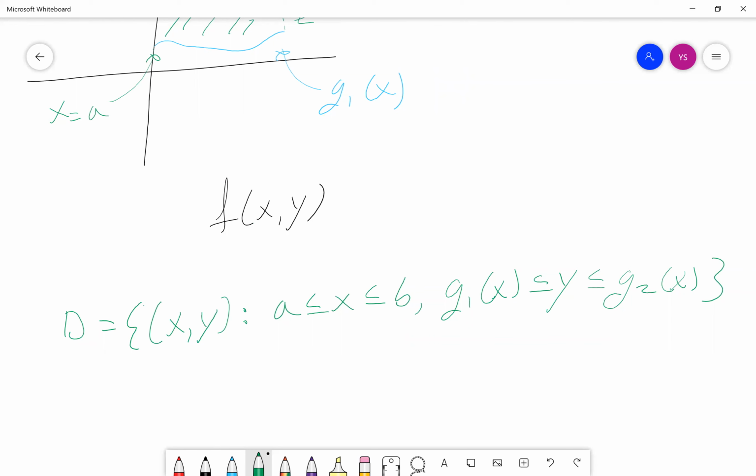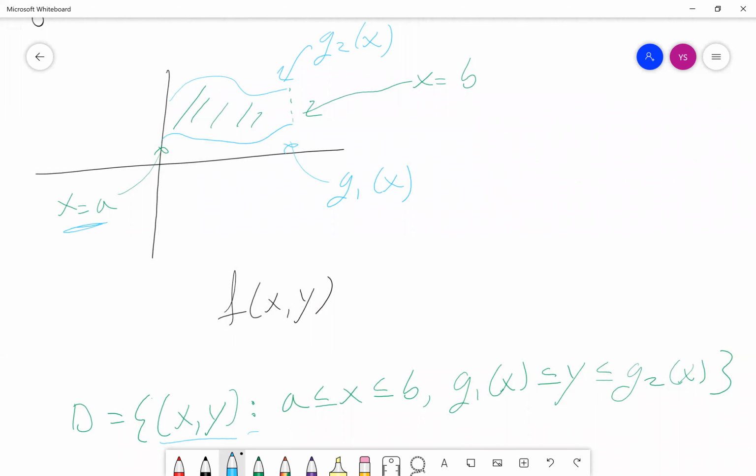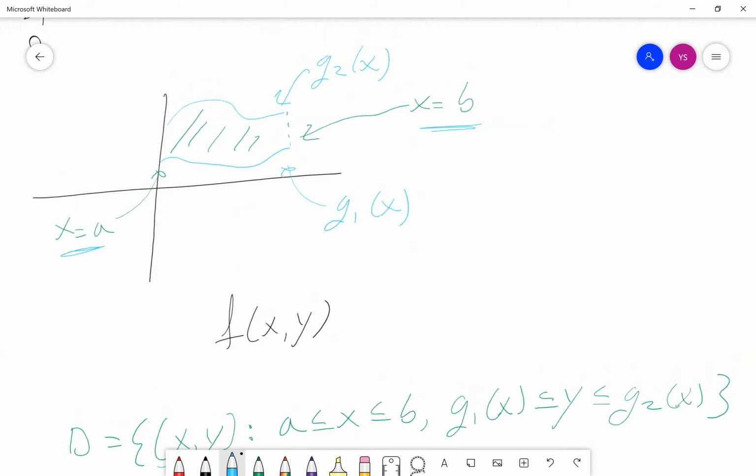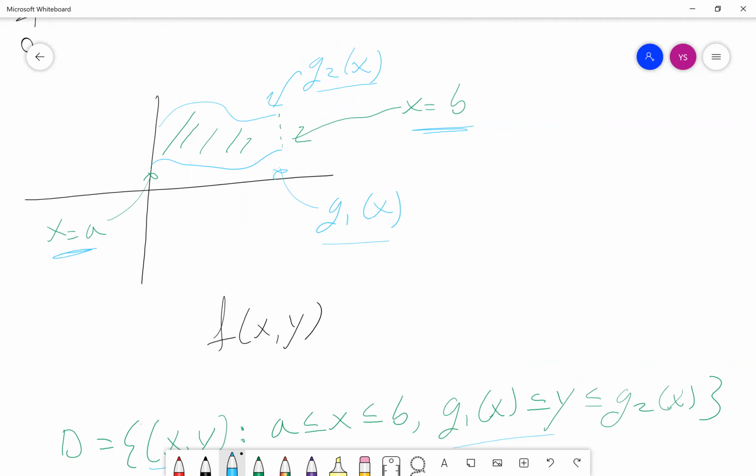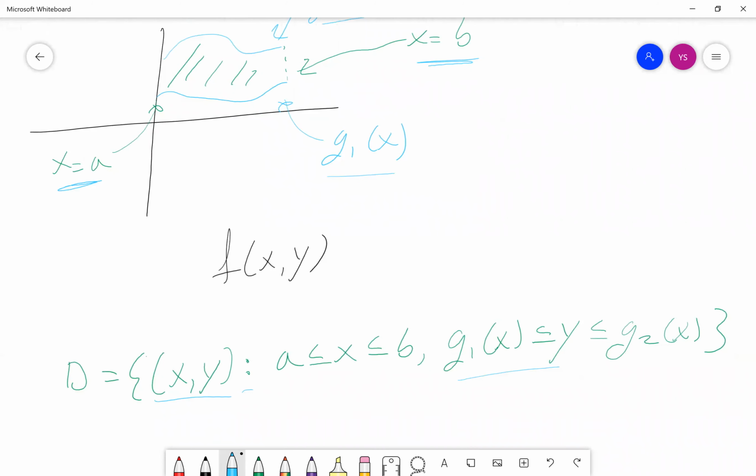Right? That's another way of saying the same thing. Any questions about this notation? So this is just the set of all points (x,y) such that x is bounded from a to b, and y is bounded below by g1 of x and bounded above by g2 of x. Any questions?